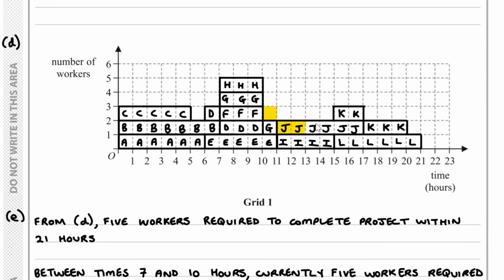So we can start J over here, and it has a duration of 6. So this takes us up to here. Okay? So here is the amended activity J.